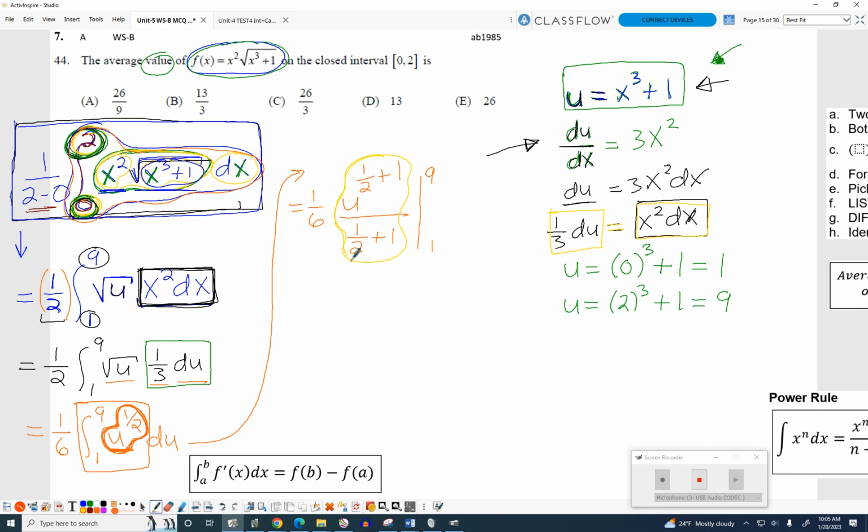Well, it's like the antiderivative of it. That's it. That's all you need. The yellow is the antiderivative of the orange. The fundamental theorem says if you're trying to integrate orange, you have no calculator, don't do that. Go find the antiderivative of the orange, which would be the yellow, and then plug into that yellow formula the 2 limits. So that's what we're doing.